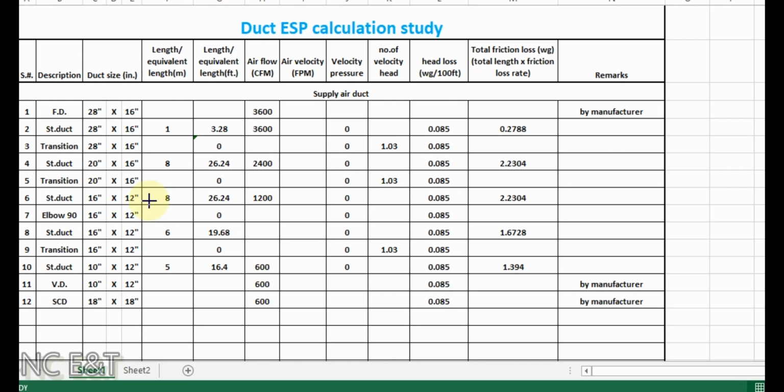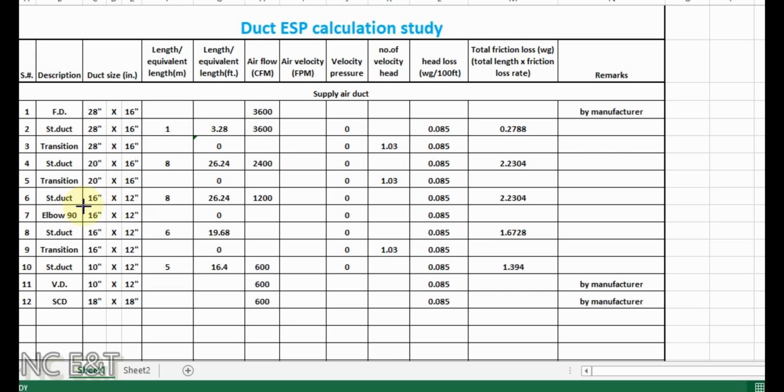As you can see in this table, for the straight duct size of 28 by 16 inch, we have the length of 1 meter. We can convert it to feet, which will be 3.28. For the straight duct size 20 by 16 inch, the length is 8 meters and it will be converted to 26.24 feet.